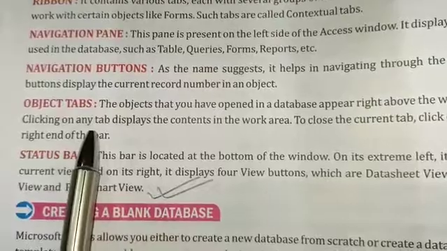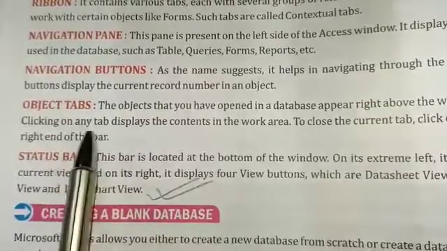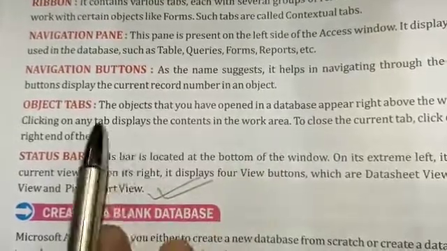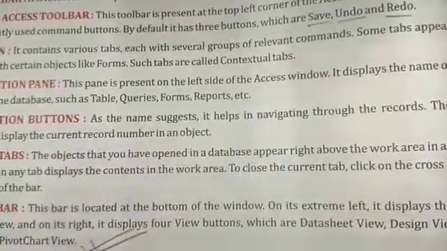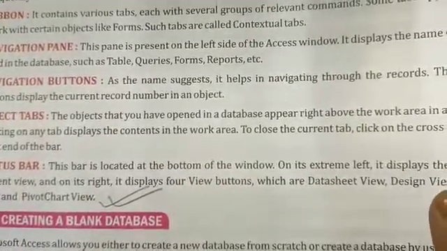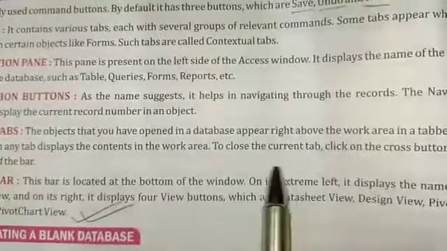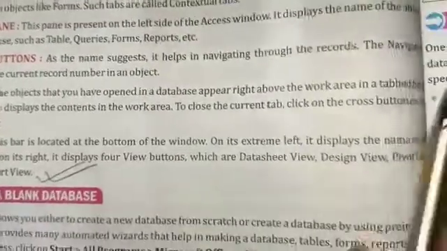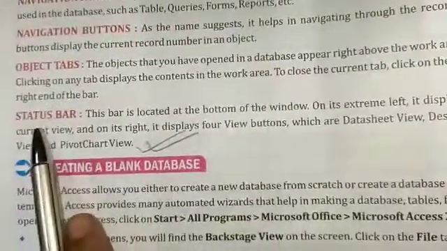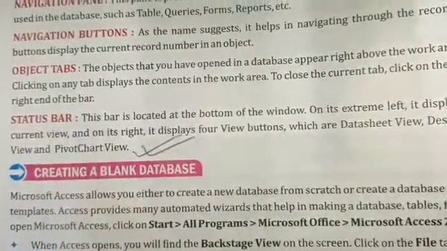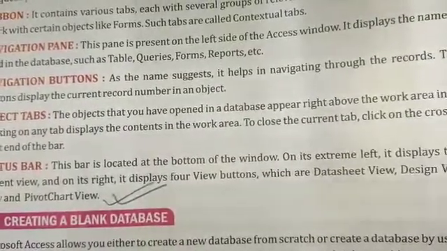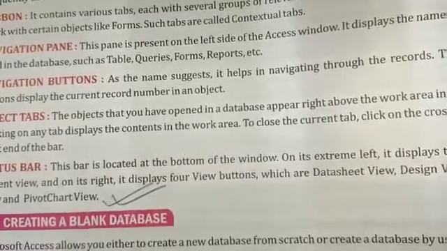Click on any tab to display its contents in the work area. To close the current tab, click on the cross button on the right end of the bar.